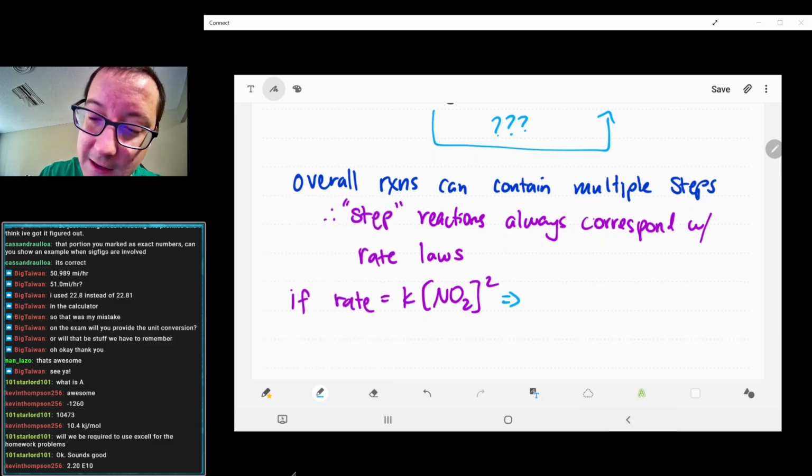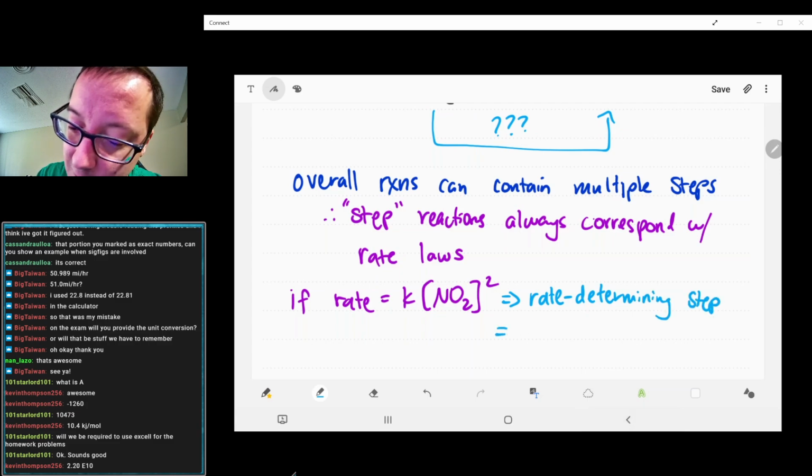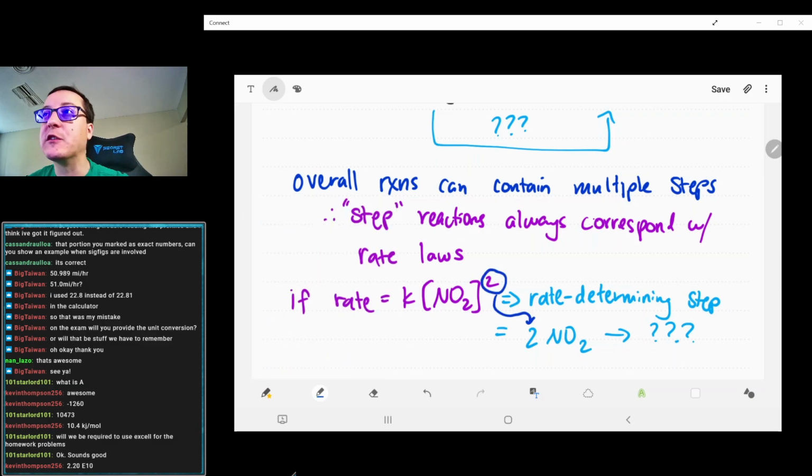This tells us that our slow step of the reaction, or rather the rate determining step, must be 2NO2 going to something else, where that 2 would be your coefficient.